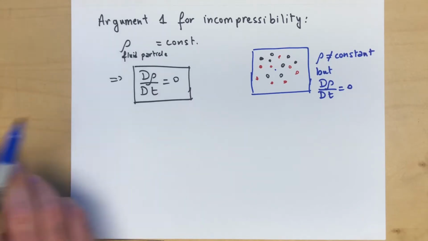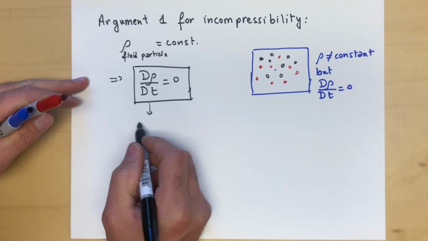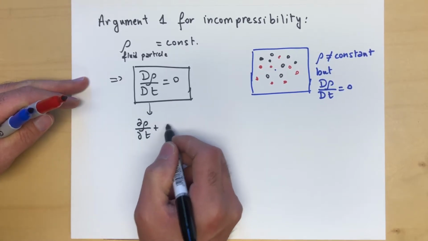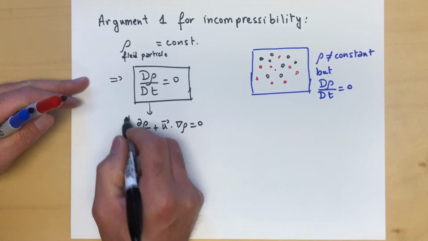And in fact, just to remind you, this d rho by dt equal to 0 tells you that for an incompressible flow, d rho by dt plus u dot grad rho is equal to 0.